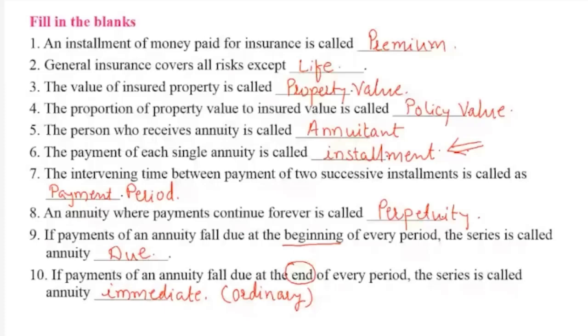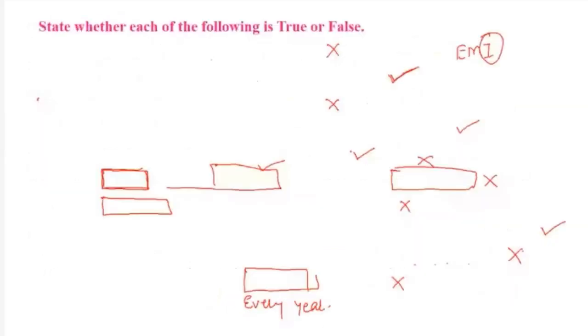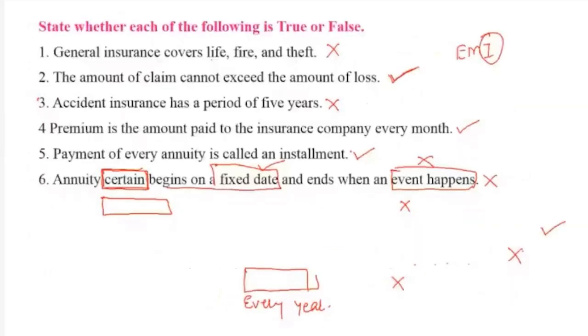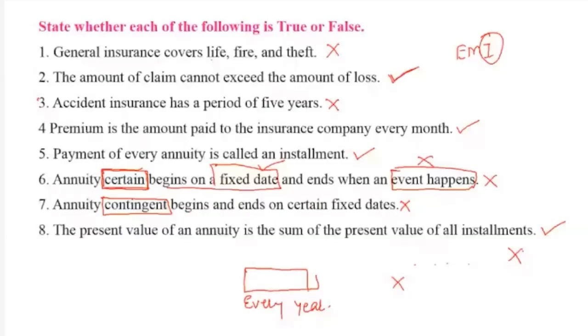Fill in the blanks. Installment. Now read this line. What it says? The payment of a single annuity is called installment. Correct? Now let's go to true and false. Payment of every annuity is called as installment. The same sentence here. Every means single.